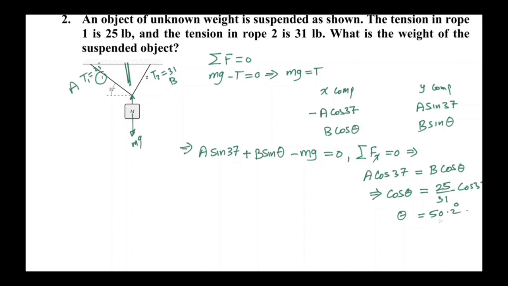Now you substitute this theta in this equation, you will find mg equal to 25 sine 37 plus 31 sine 50.2, and you simplify this one, you will find mg equal to 39 pounds.